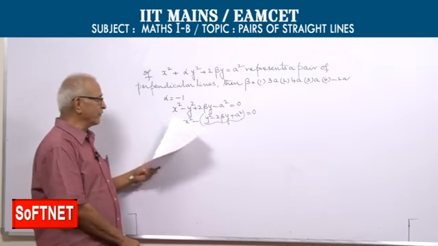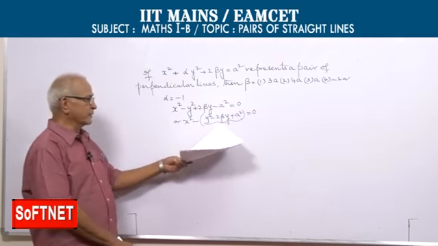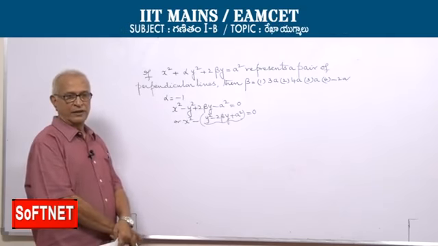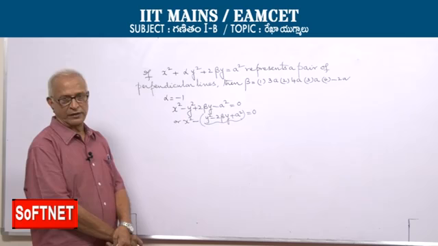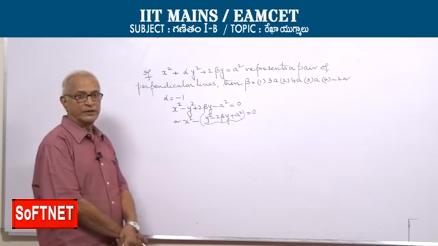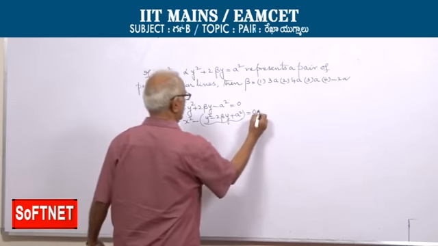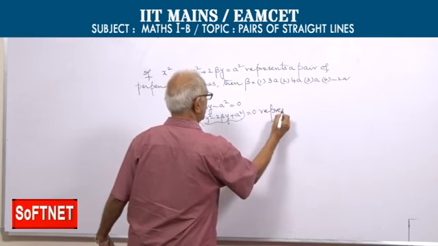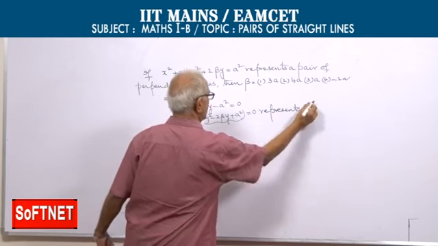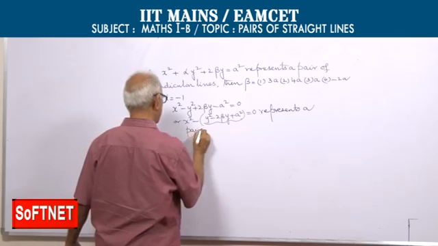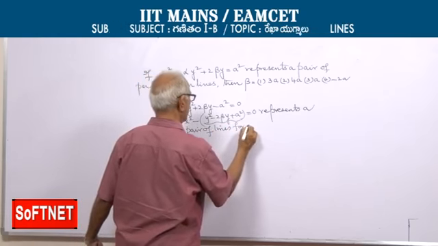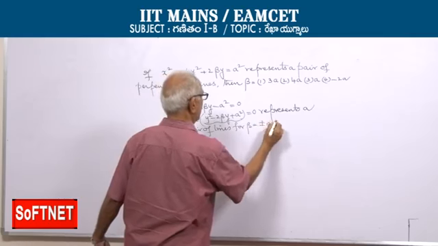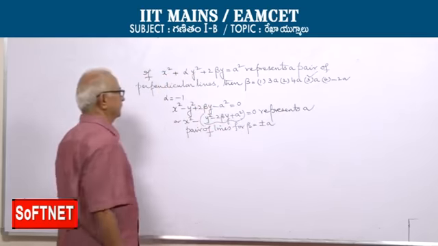In either case, you can factorize x square minus y minus a whole square or x square minus y plus a whole square into two linear factors in x and y. Hence, the equation represents a pair of lines for beta equal to plus or minus a. So, only one option is given here, plus a.